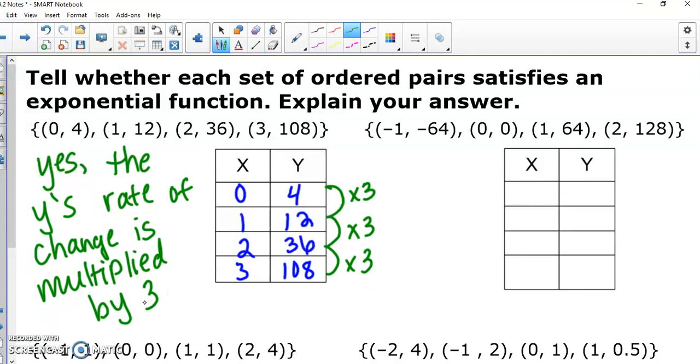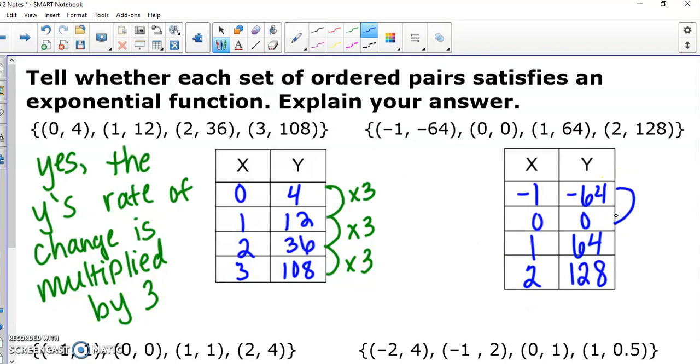So on this next one, let's go ahead and do the same thing. I'm going to put my ordered pairs into my chart here so we can see them a little bit easier. On your assignment, you can either do this or not. It doesn't matter. If you can do it just from the list up above, that's fine too. So my x's are increasing by 1 each time, and then I look at my y's.